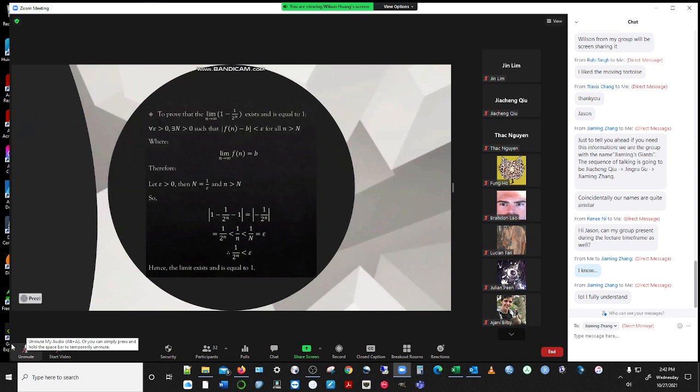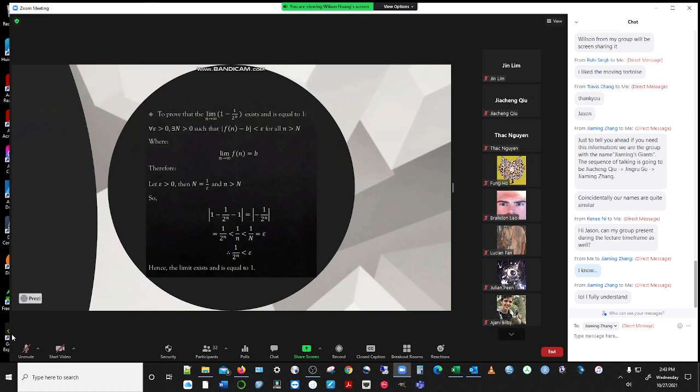To start, let's set epsilon greater than 0 and guess that capital N is equal to 1 over epsilon. So we take the absolute value of 1 minus 1 over 2 raised to n, minus 1, which is equal to the absolute value of negative 1 over 2 raised to n, which is then equal to 1 over 2 raised to n.